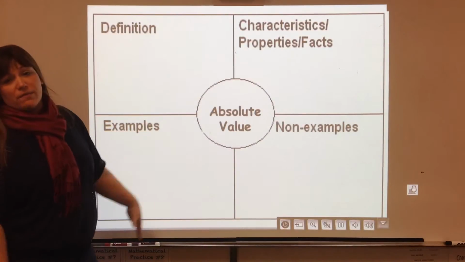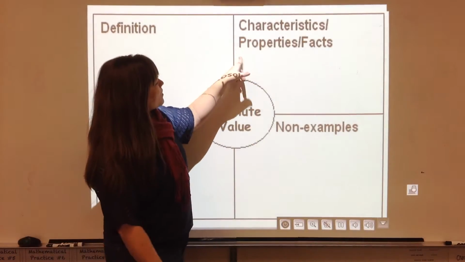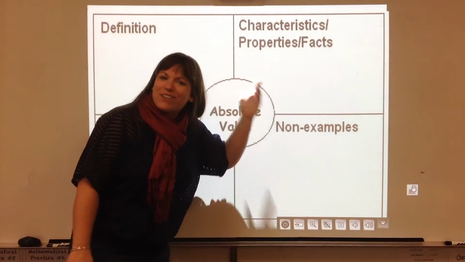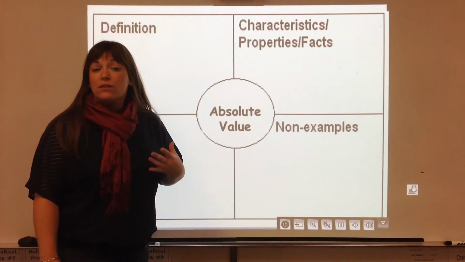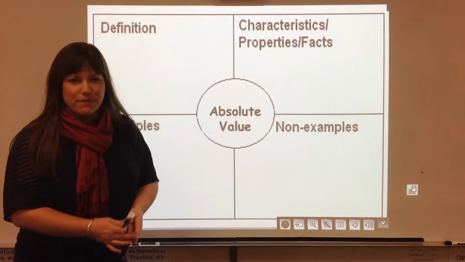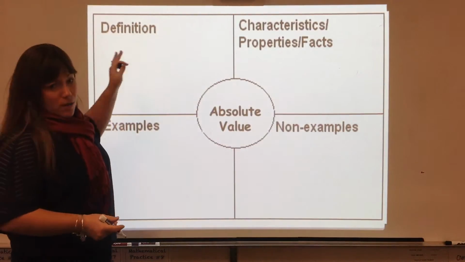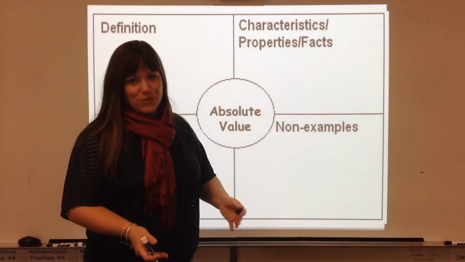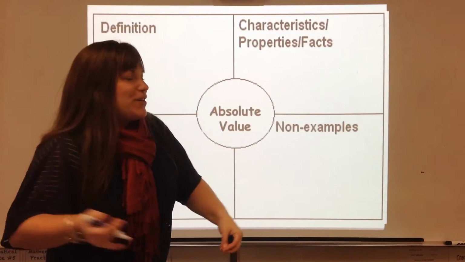So you have something very similar to this. The only difference between yours and mine is up here I have properties as well as characteristics and facts, but we're going to fill this in to just give us some other ways of talking about the definition and some examples. So another way to talk about what the definition of absolute value is to literally say how far away a number is from 0.